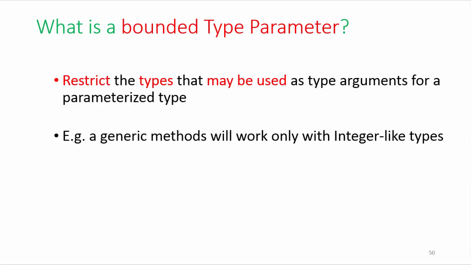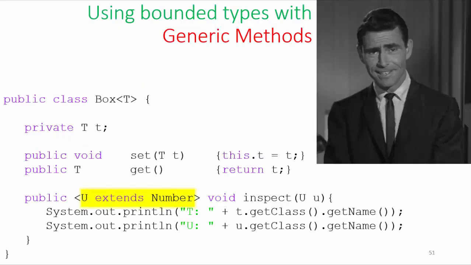And you want to make sure that instead of just saying I accept any type parameter T, you want to say something along the lines of, well, I accept only type parameters T that are of integer-like types. So we are going to use the concept of subtyping here, the concept of inheritance, to specify that kind of stuff. Let's take a look at the syntax and a concrete example.